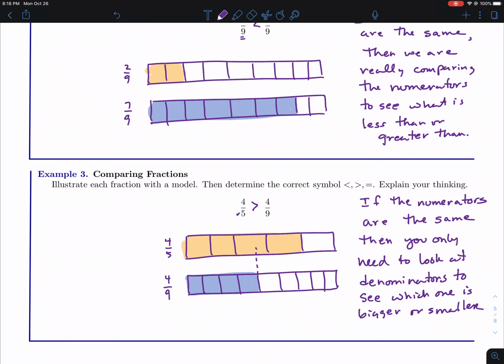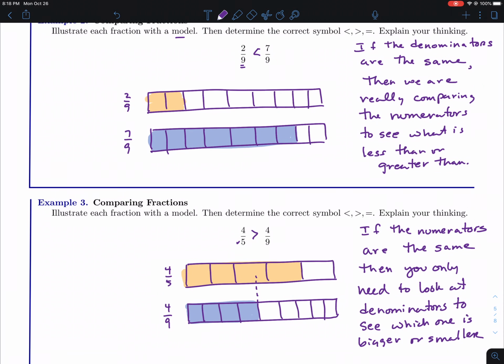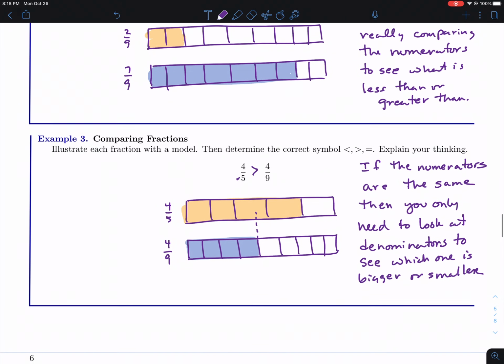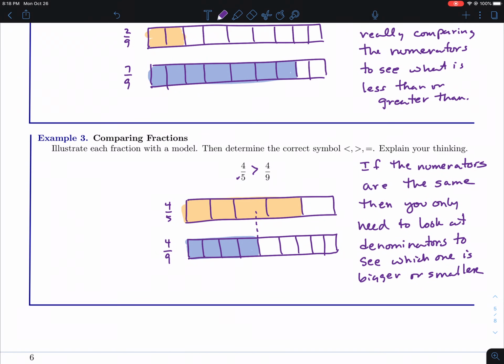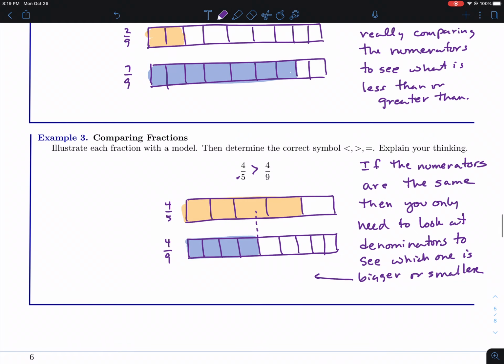But it's the opposite of what you would normally do. Like above, 2 was smaller than 7, so we made 2 less than 7. In this case, 5 is technically smaller than 9, but as a fraction, 1/5 is bigger than 1/9. So it's just the opposite in this case. So the smaller number in the denominator is going to be bigger in this case.